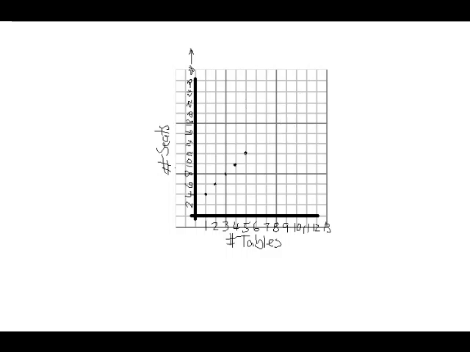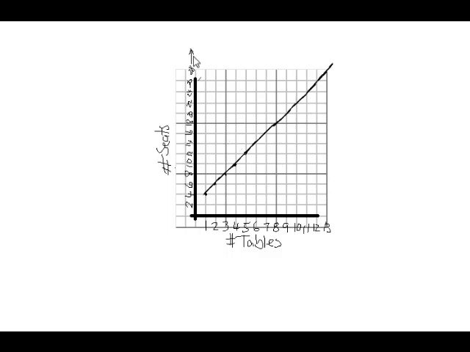So we can't have 0 tables, because that wouldn't have any seats. So we're going to start at 1 table, and we're going to draw a line straight up through here. Okay? That line is a straight line, and we call that a linear function, or a linear relationship, sorry.